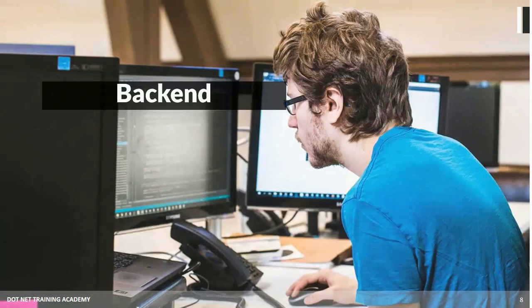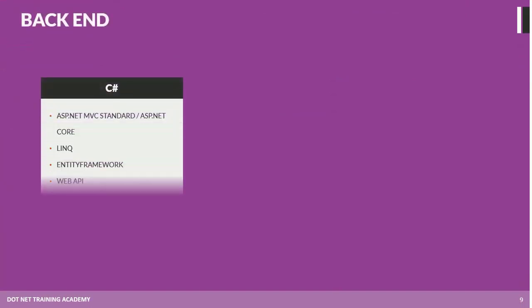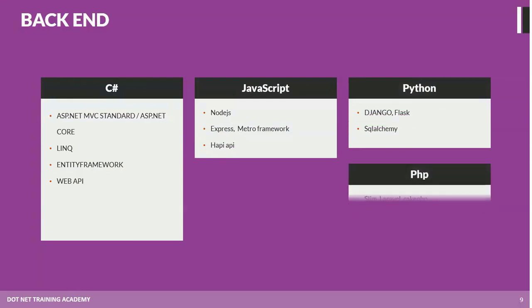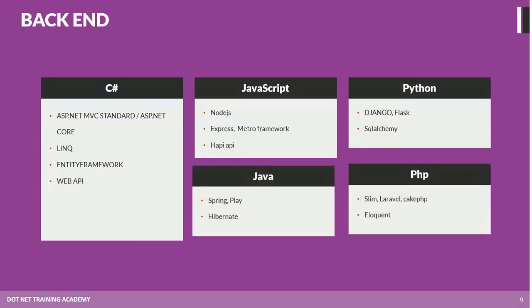So now backend. Backend is something which makes our business logic, which means there are a lot of programming languages in backend: C#, JavaScript, Python, PHP, and Java. And I don't want to debate the other programming languages.